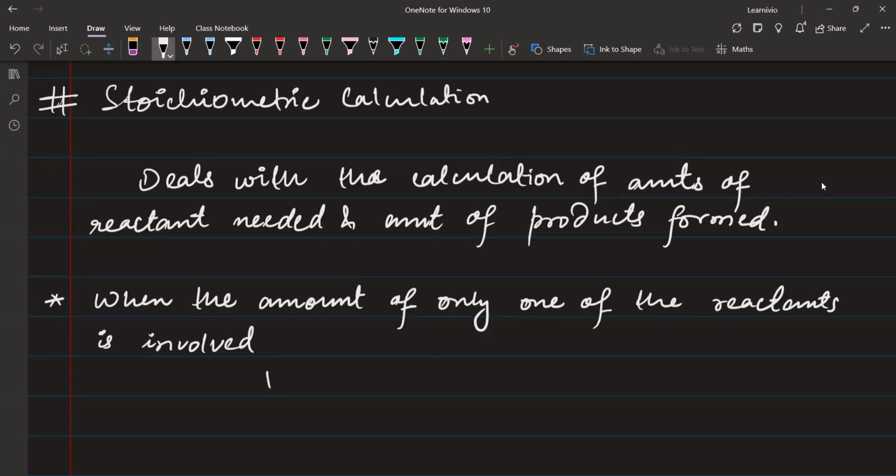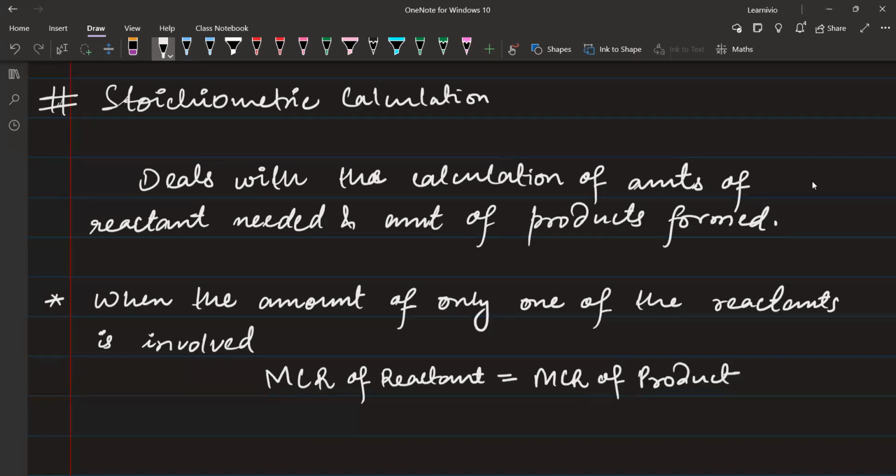Whenever you have been given the amount of one of the reactants, you may have 4 reactions, 5 reactants, 2 reactants, 3 reactants, 1 reactant, no matter how many, but the question is revolving around the amount of only one of the reactants, then you will start that question with MCR of reactant is equal to MCR of product.